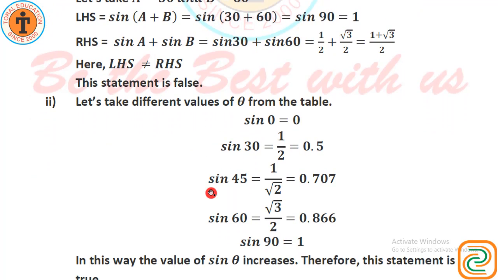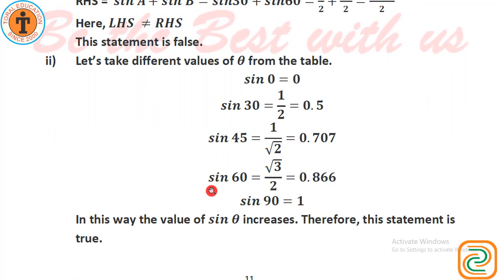Second question. The value of sin theta increases as theta increases. This is true. Let's take different values of theta from the table. Sin 0 equals 0. Sin 30 equals 1 upon 2, we get 0.5. Sin 45 equals 1 upon root 2.